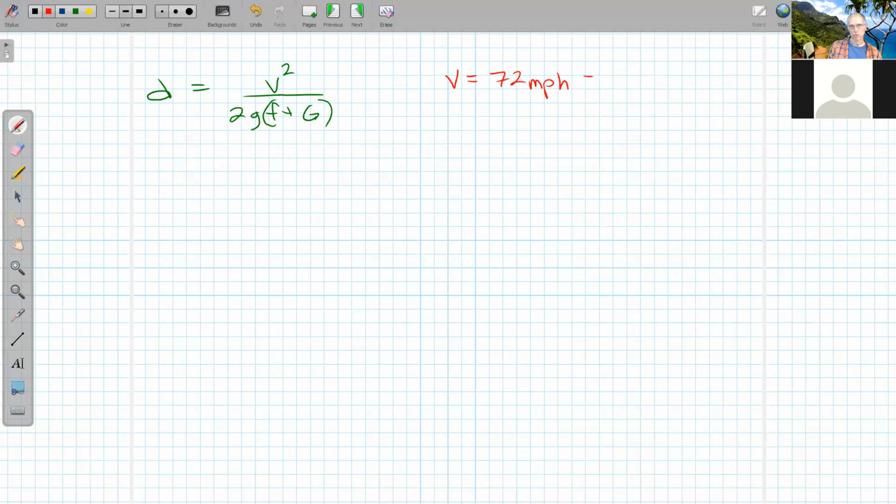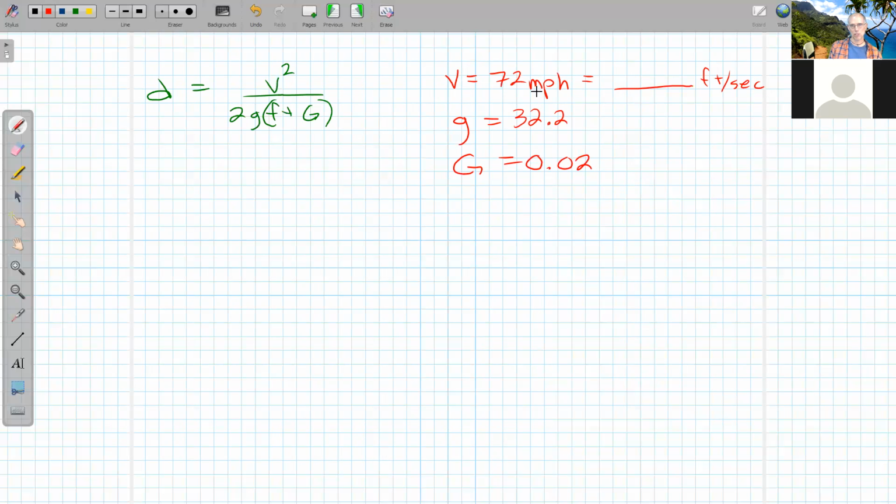I realized right away that's a problem because I need V to be feet per second. So I'm going to have to recalculate V before I plug it in. Little g, the gravity, is 32.2. F I don't know, but I do know big G is 0.02.